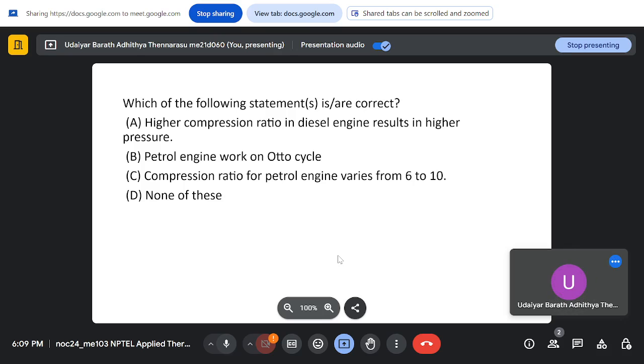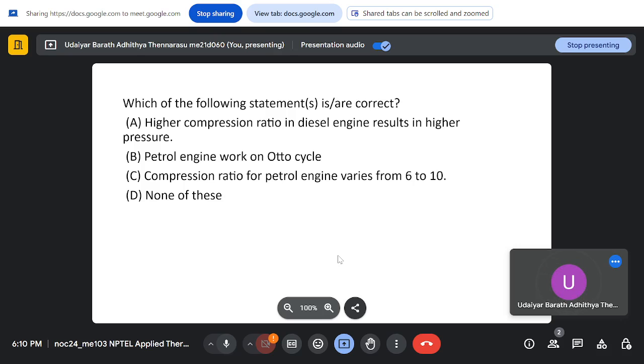So higher compression ratio, in a diesel cycle, so if you have larger compression ratio, your pressure will be higher. So that is known. If you are compressing it to a smaller volume, correspondingly your pressure will increase. So option A is true. B is petrol engine works on Otto cycle.